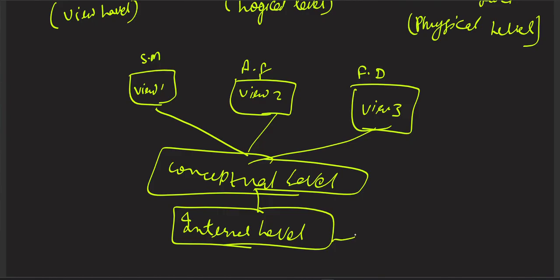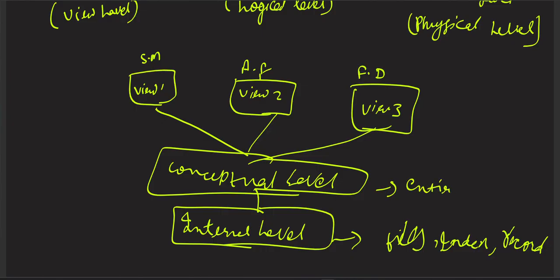Here you store files, index, and records. And this is your entire database. And this is the view level, as I have explained.